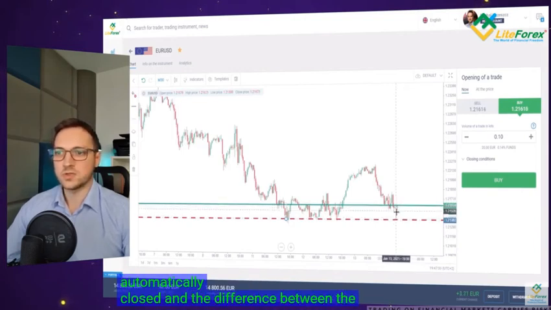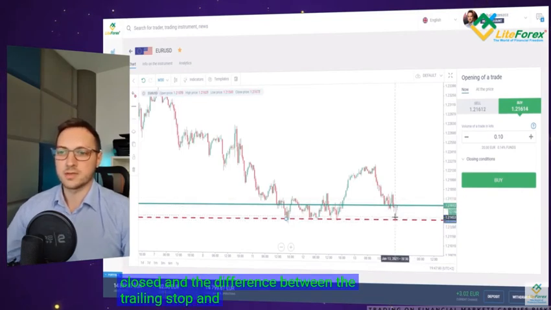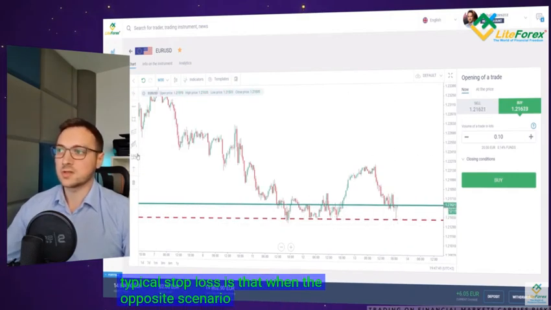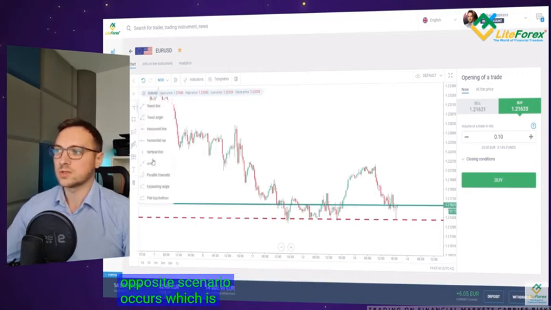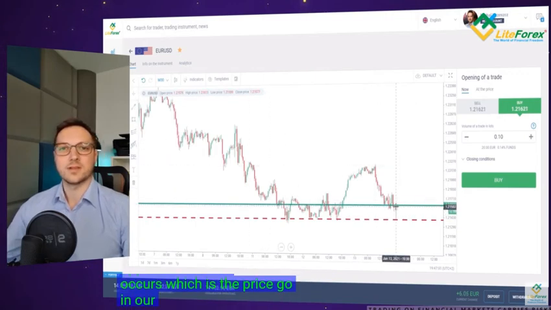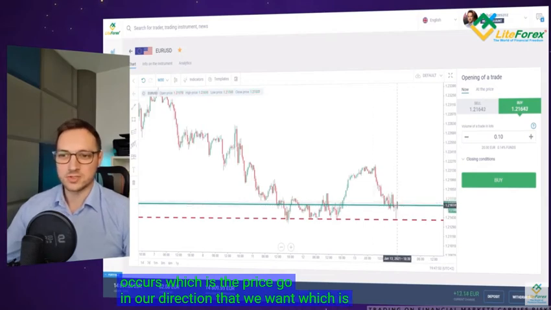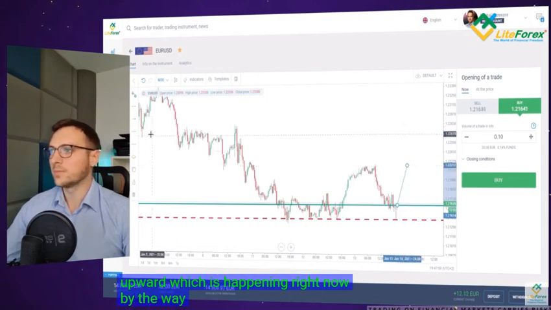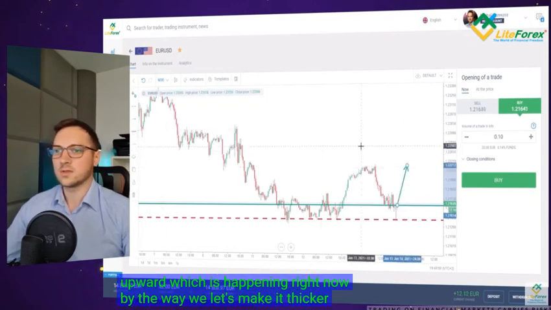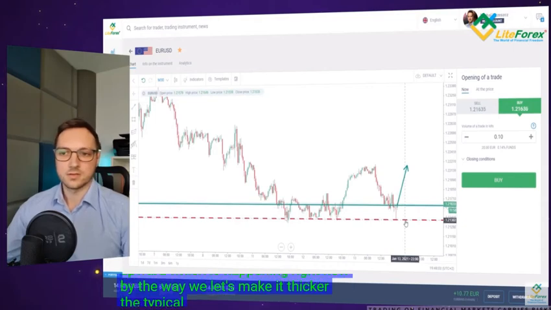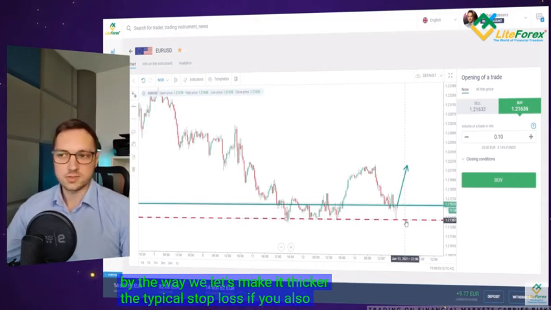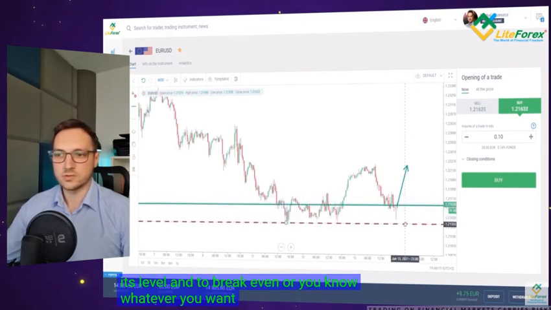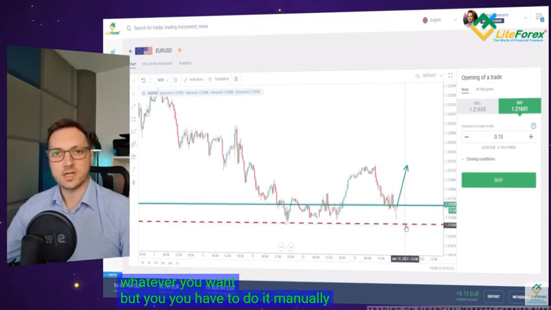And the difference between the trailing stop and the typical stop loss is when the opposite scenario occurs, which is the price going in our direction that we want, which is in this example upward, which is happening right now, by the way. The typical stop loss, you also can change its level, to break even, or whatever you want, but you have to do it manually.